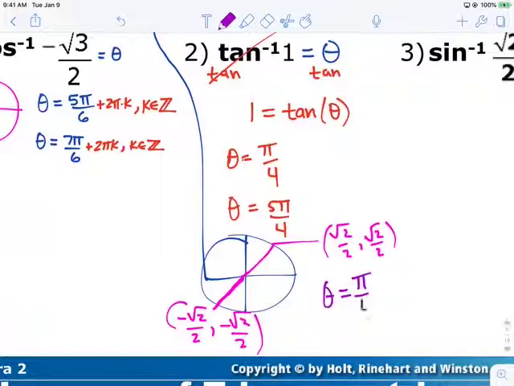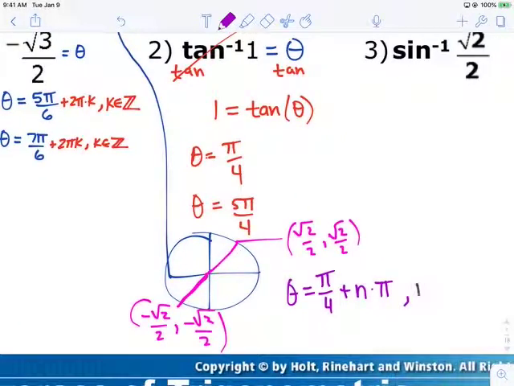Okay, pi over 4, if you add a multiple of pi, and that multiple is an integer, won't you get back to the other line? The other one would not have worked. I'll show you why in a second. If you start here and you add pi to it, won't you get here?